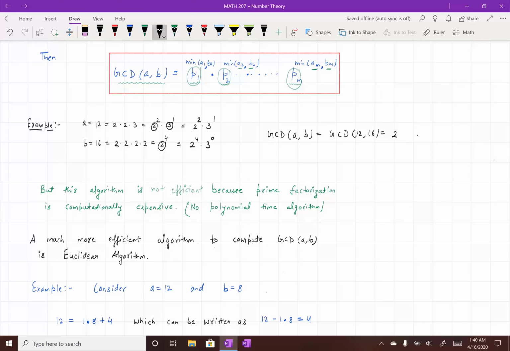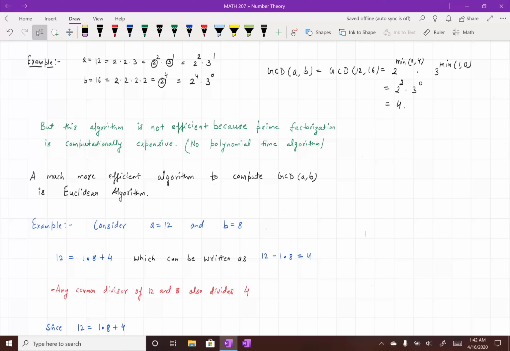So it's the product of 2 and 3, and then you choose the minimum power appearing in those prime factorizations. The power of 2 is going to be the minimum of 2 and 4, and the power of 3 is going to be the minimum of 1 and 0. If you simplify, it is the product of 2 to the power 2 times 3 to the power 0, and the GCD of these two integers is going to be equal to 4.